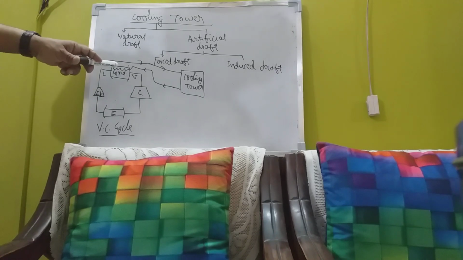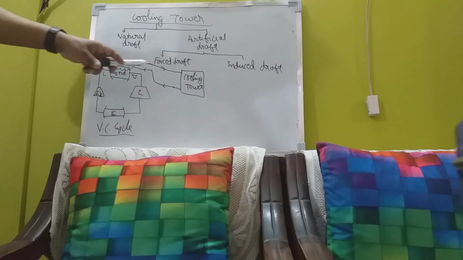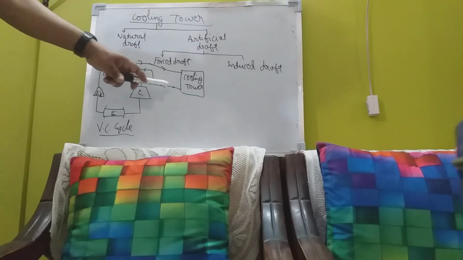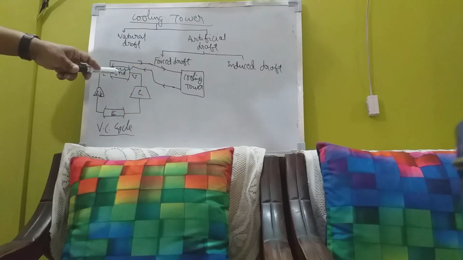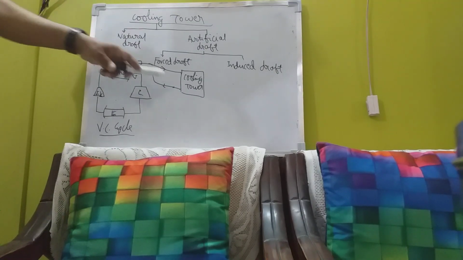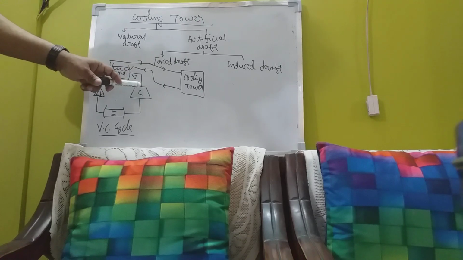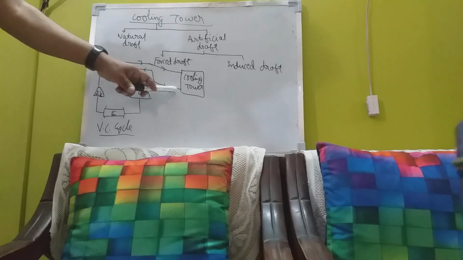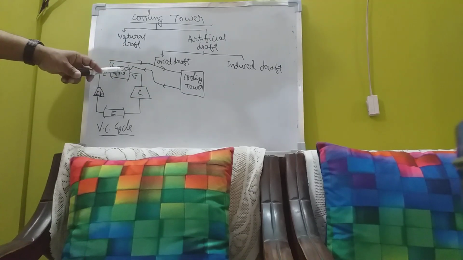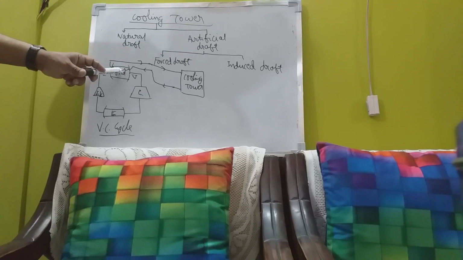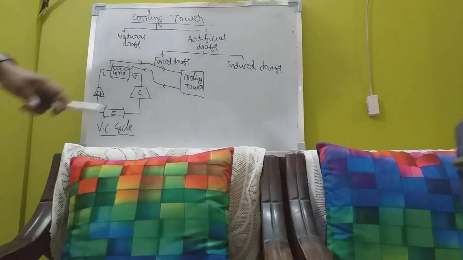In this case, the cold water from cooling tower comes to condenser. This is external cold water, remember. This is a gas going inside. This external cold water is coming from the cooling tower, comes to condenser, and cools the hot gas because it is at low temperature.